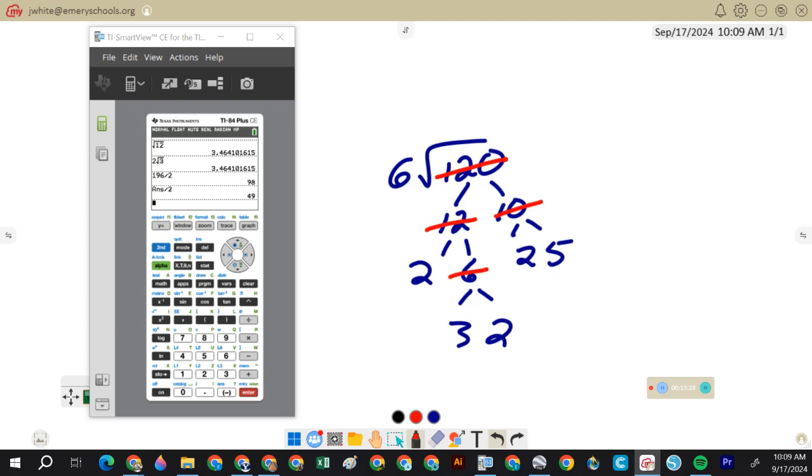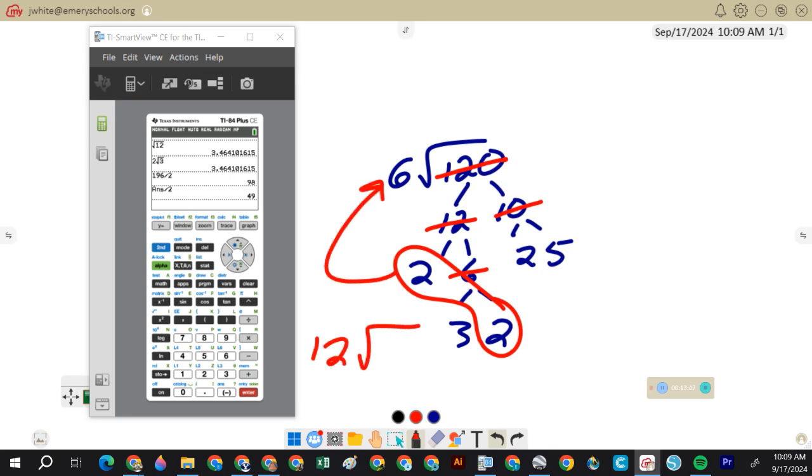What can I bring out? A set of 2s. So what's on the outside? A 2 and the 6 that's already there. So this 2 hits the 6 to make a 12. And what's left on the inside? A 3, a 2, and a 5. So 3 times 2 is 6, times 5 is 30. So the answer is 12 root 30.